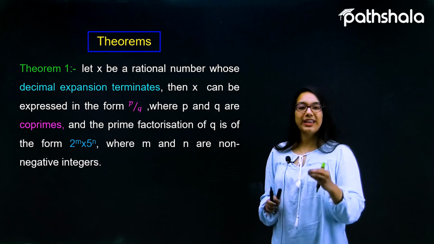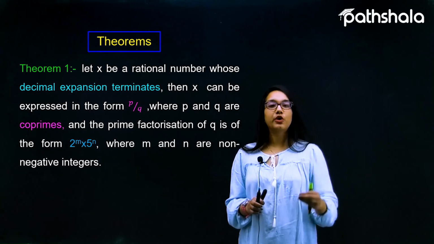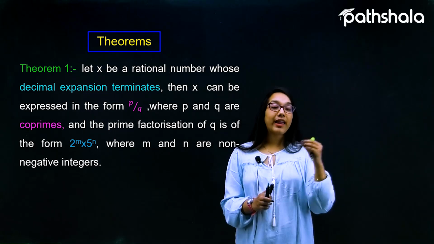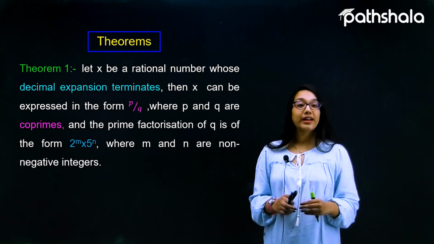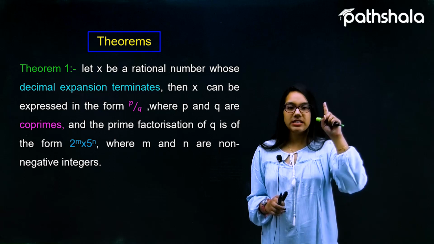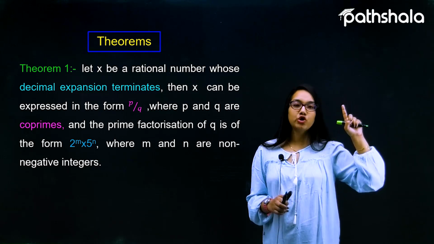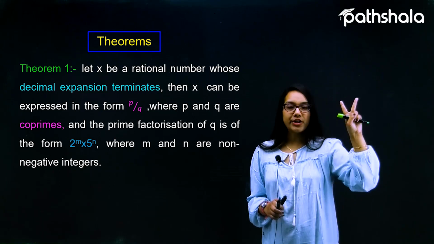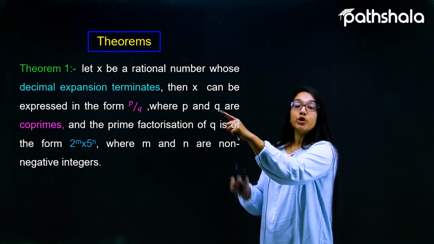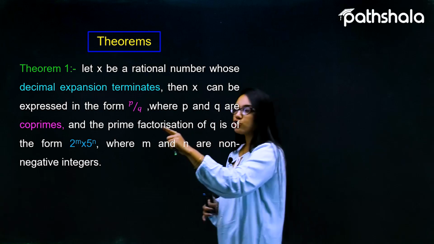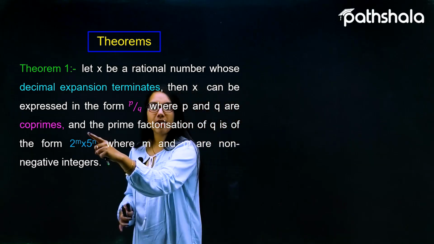So what we can conclude from this theorem is that if we have any rational number of the type P by Q such that P and Q are co-primes, this is our first condition. The second condition is that the prime factorization of the denominator Q should be of the form 2 raised to the power m into 5 raised to the power n.